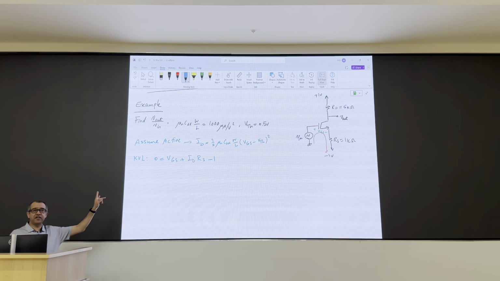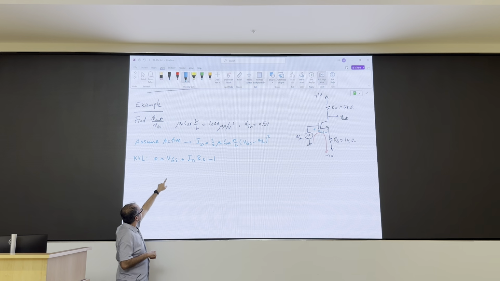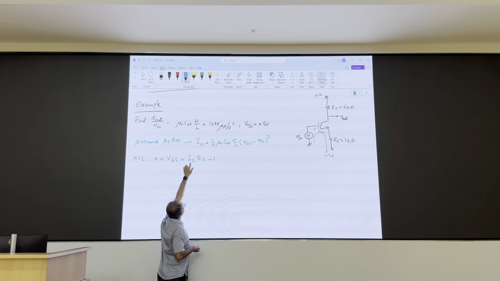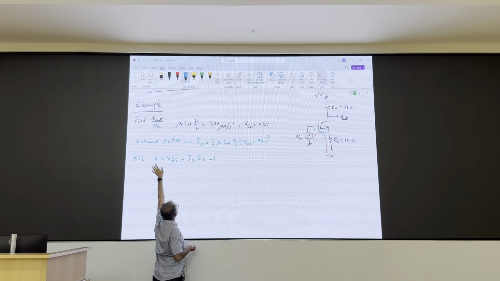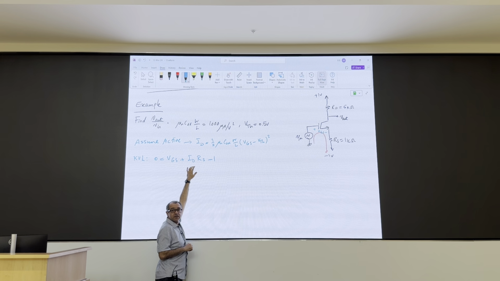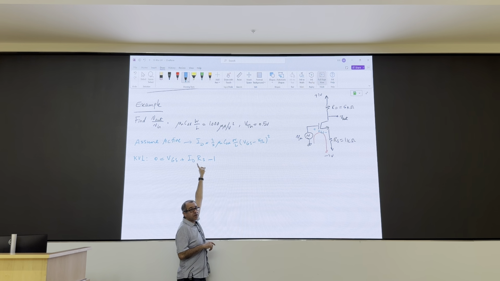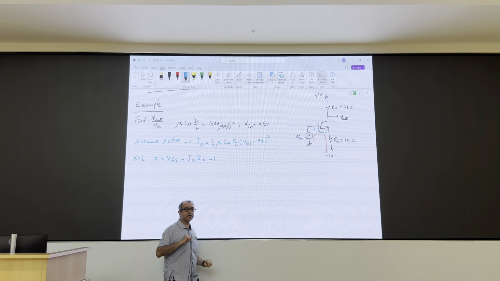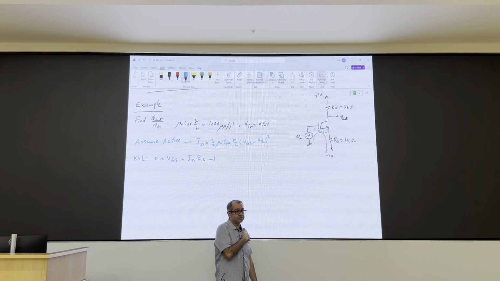So you can solve for VGS or ID, right? From here you can find ID: ID is 1 minus VGS divided by RS, and plug it into that equation, and you'll have one equation for ID that you can solve.